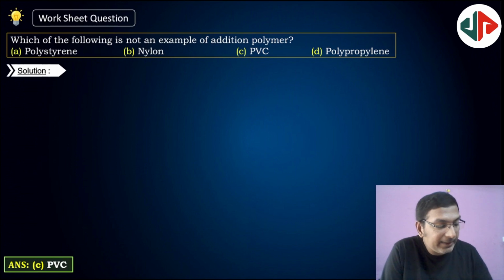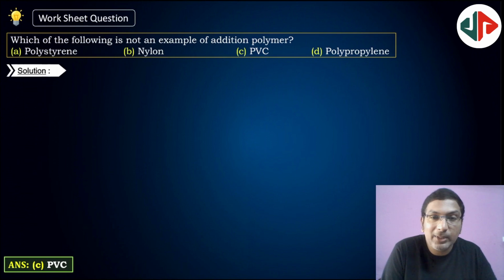So which of the following is not an example of addition polymer? See here polystyrene. Styrene contains double bonds. Therefore addition. Next PVC, polyvinyl chloride. Vinyl chloride contains double bond. Addition. Polypropylene. Propene also contains double bond. Therefore addition.